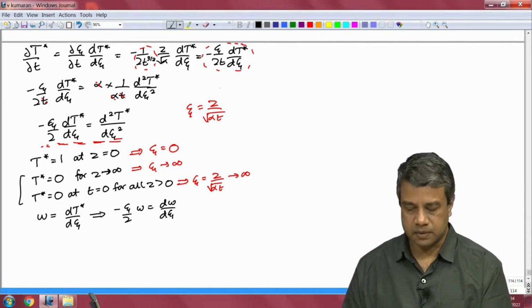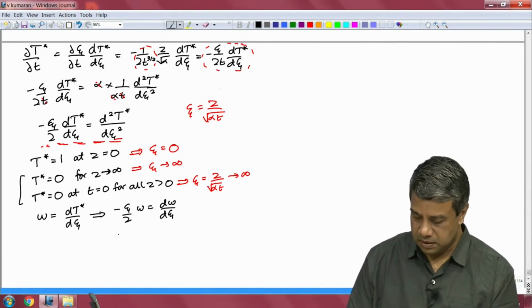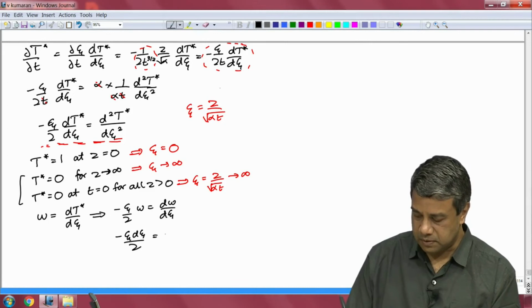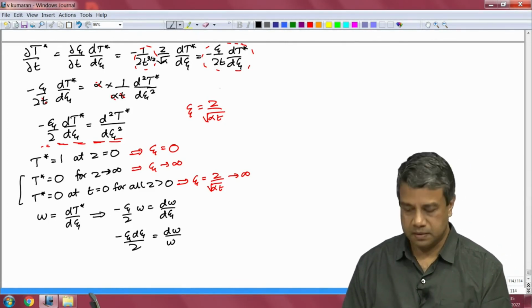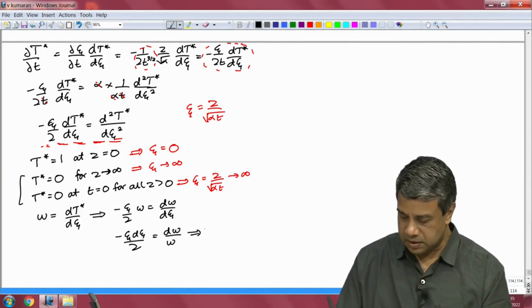That is what the equation reduces to. I can integrate this: minus psi d psi by 2 is equal to dw by w.